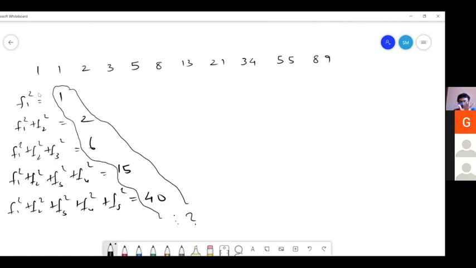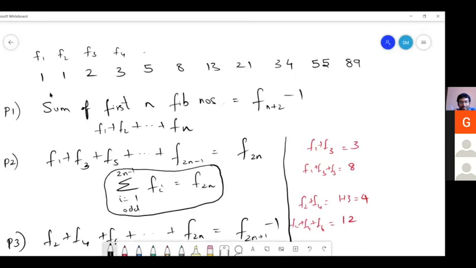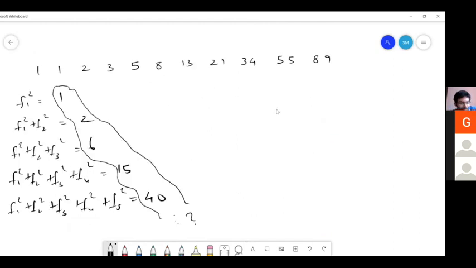This is just for your reference, so you can work on it whenever. For this, that geometric diagram is helpful. Okay, so you figured out the pattern there. What is the pattern being followed here? It is the product of Fn and Fn plus 1. Correct.